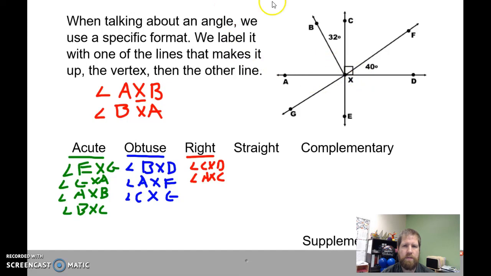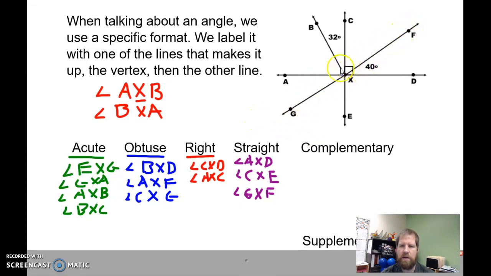Okay, straight angles, we've got a few, looks like AXD, all right, angle CXE, looks like probably angle GXF, that looks like a straight angle to me.